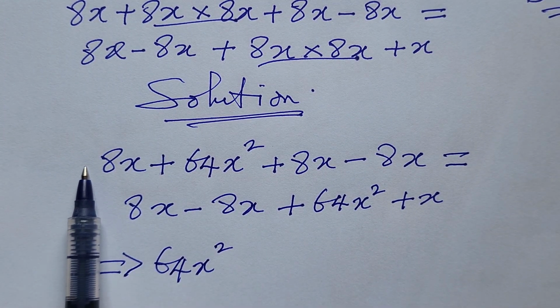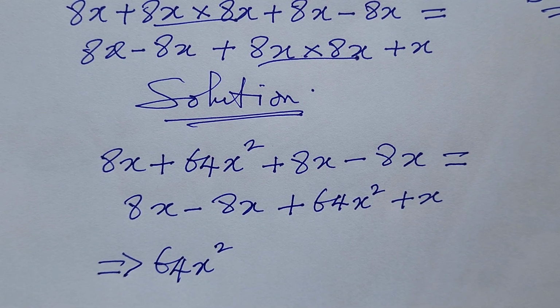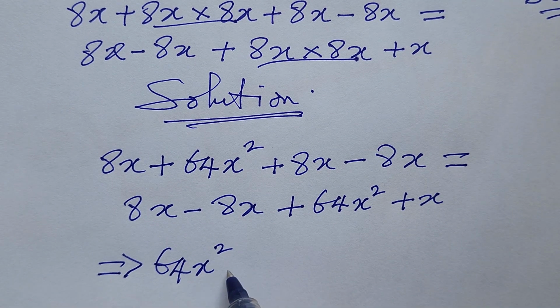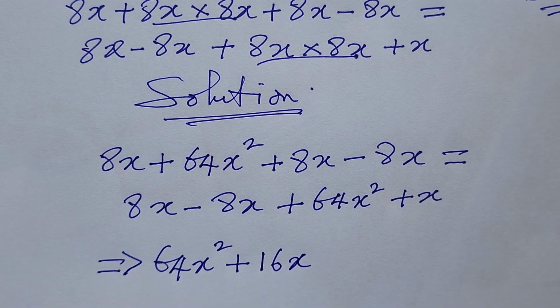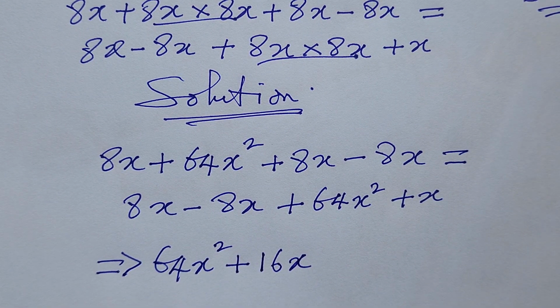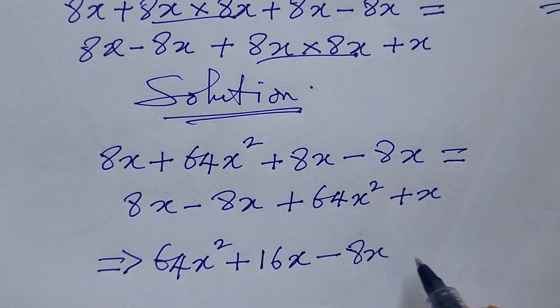Then we have positive 8x plus 8x, that will give us 16x. So we have plus 16x on the left hand side, but here we still have minus 8x.